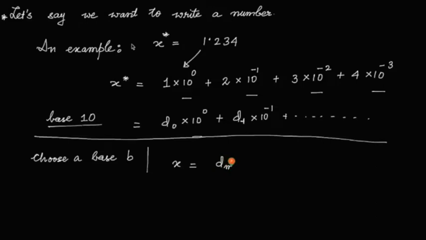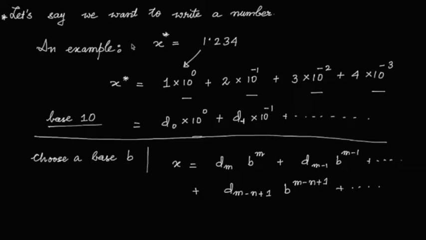So I write D, the mth digit if you wish, b to the power m, and D m minus 1, b to the power m minus 1, and then I will have, say, something like b m minus n plus 1, b to the power m minus n plus 1, plus, and if it's an absolute number, remember you have infinite precision, this can go up to infinite terms.